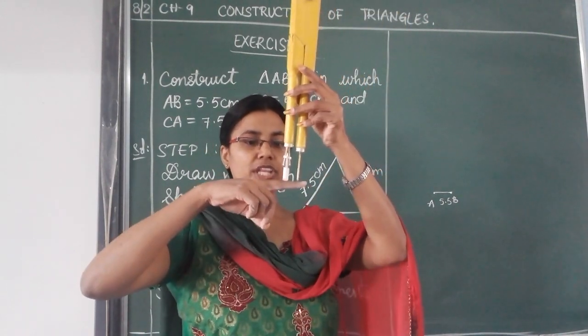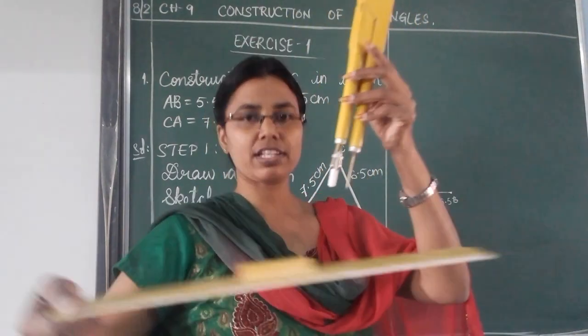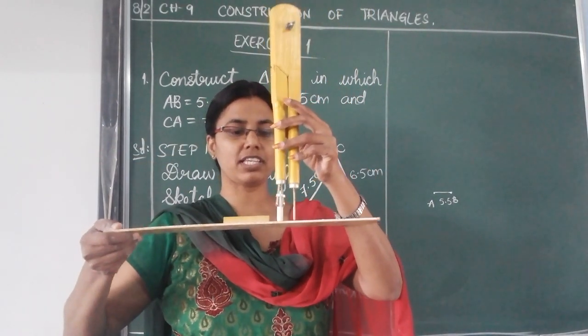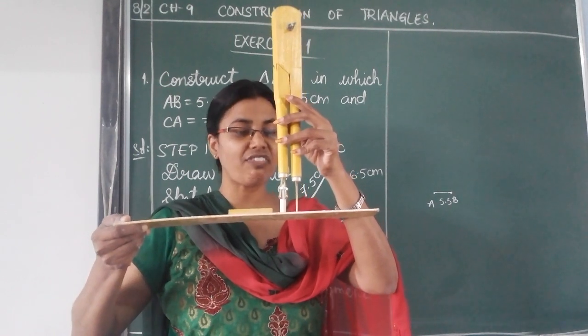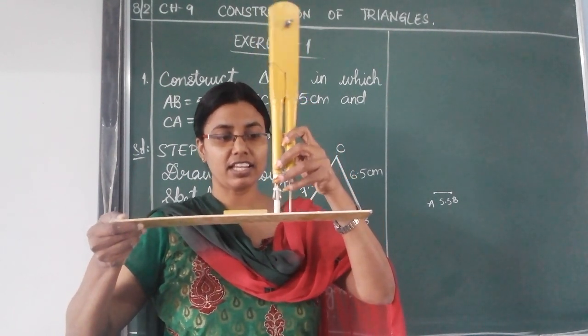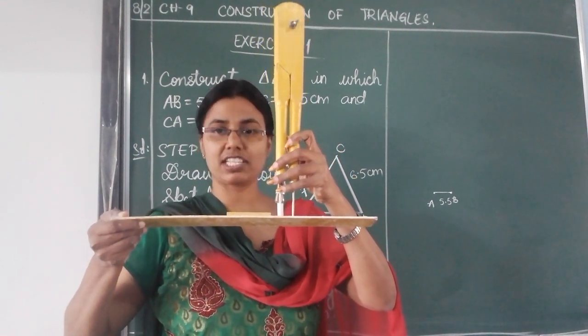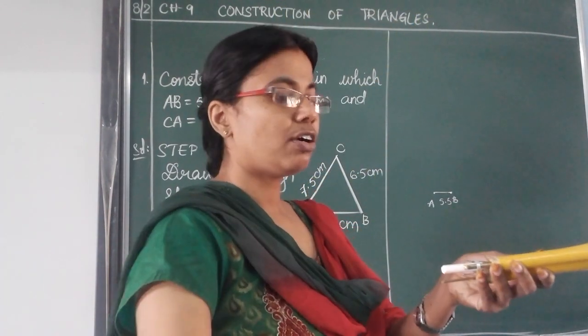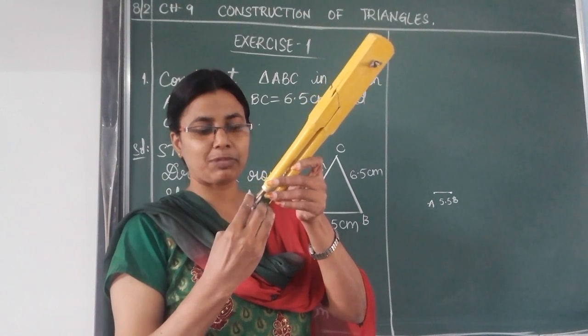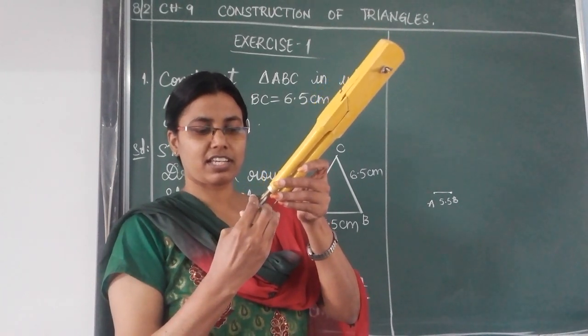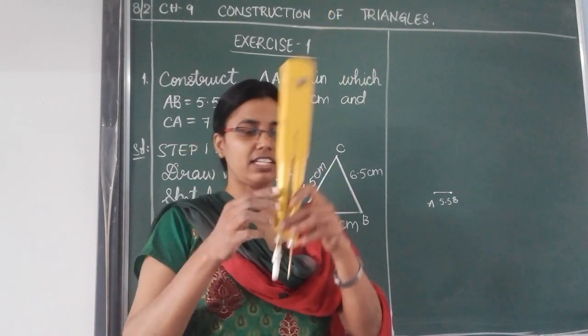And see that when you keep it on a flat base, the divider, this part and your pencil should be of same length. Okay, now my chalk is of proper length, so I am tightening this part. So I have tightened this.